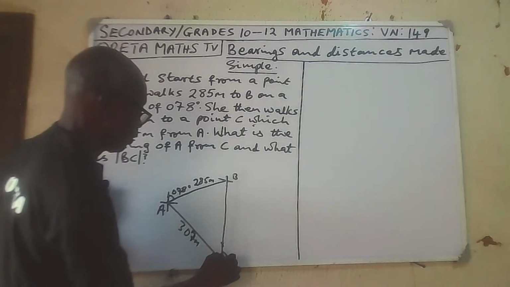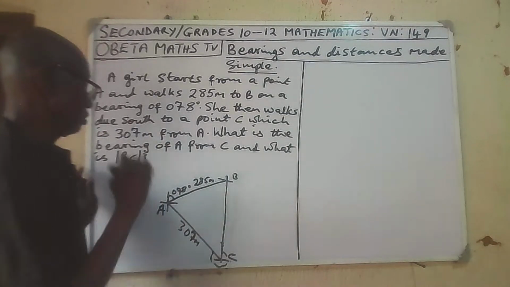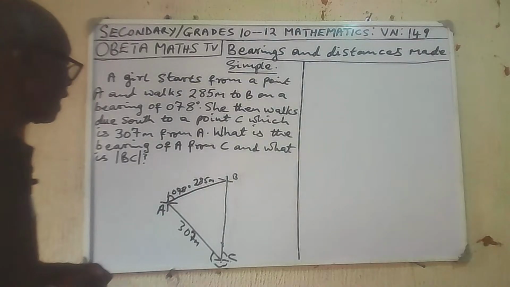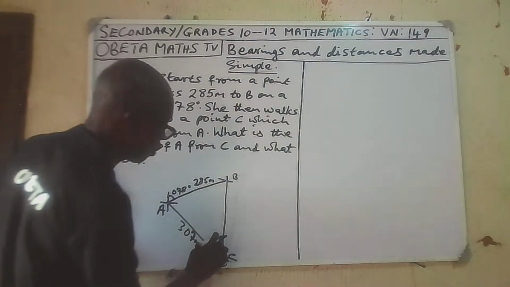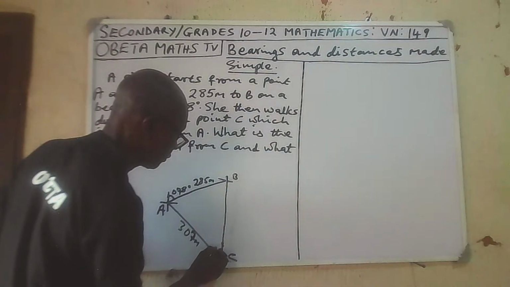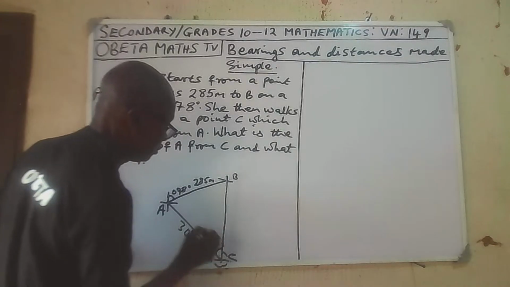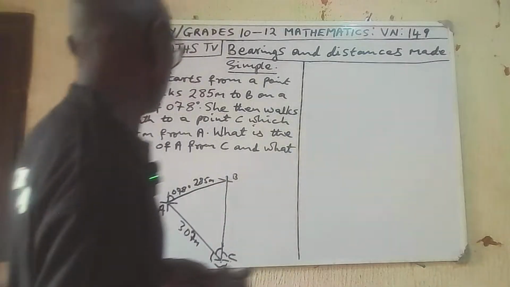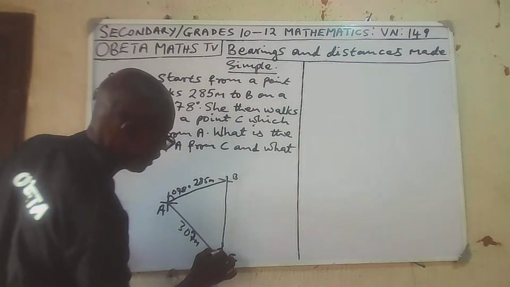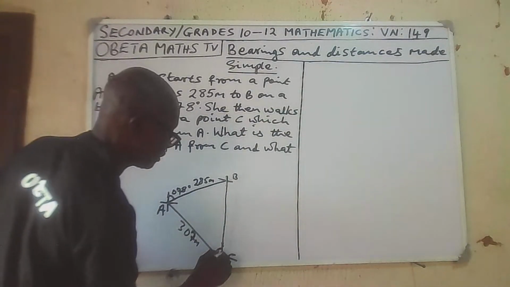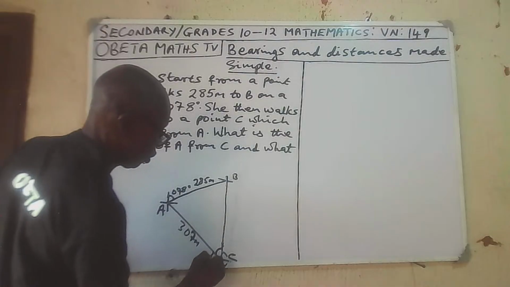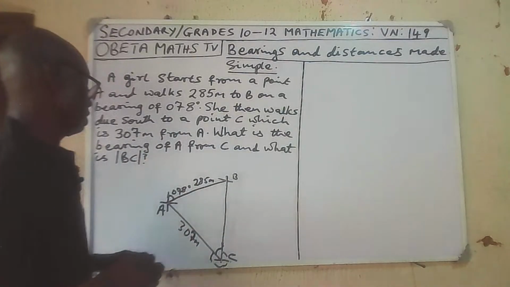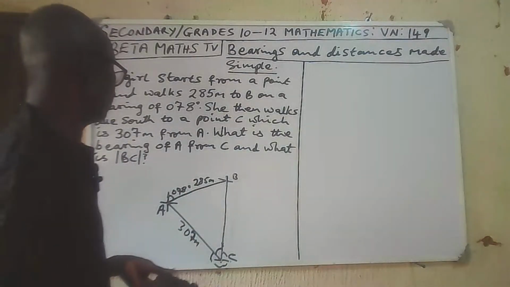So it is going round like this, and that means we need to know this angle here. And if we know this angle, we have to subtract it from 360 to give us the bearing of A from C. That is starting from the north until you get back to the line joining them.